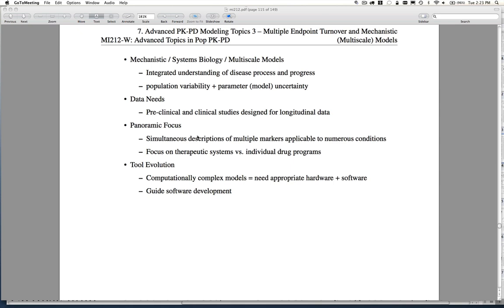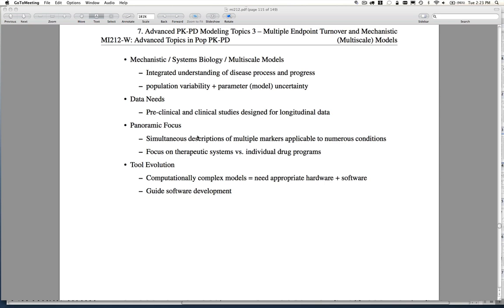So it's generally thought of as a much broader scope than our normal drug development paradigms of you get results from a study, you model them, and you move on.